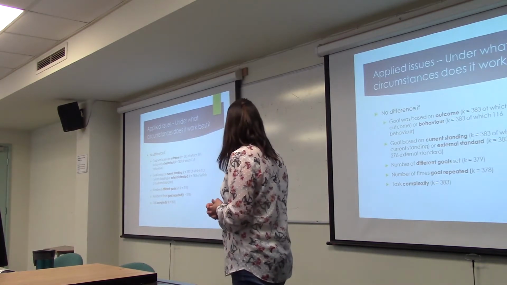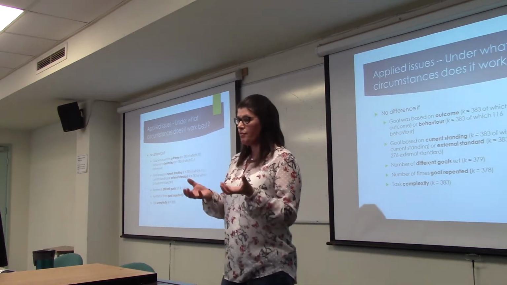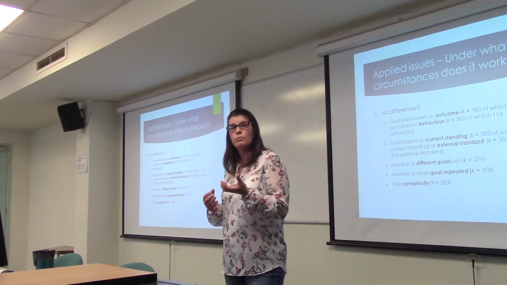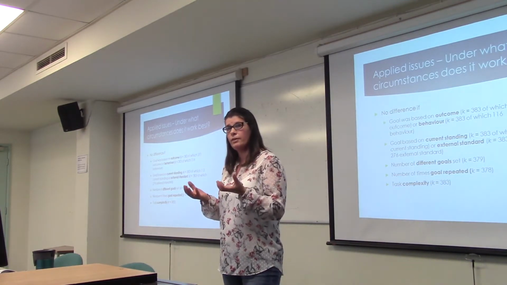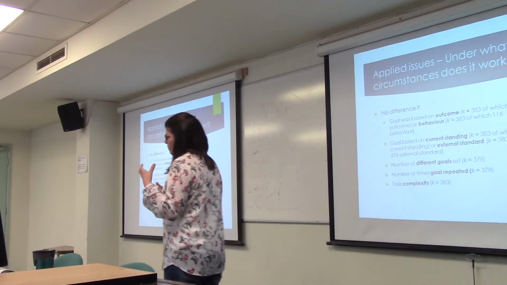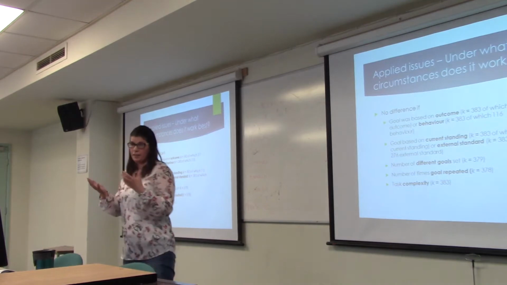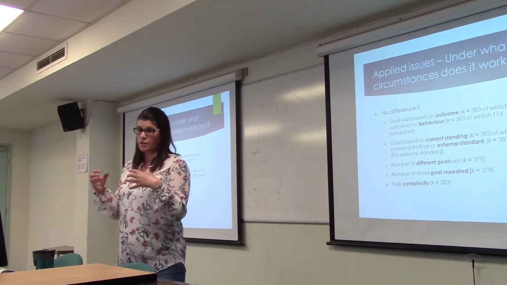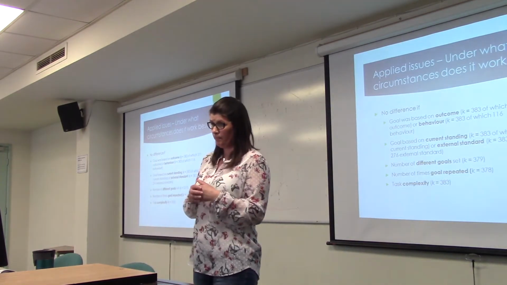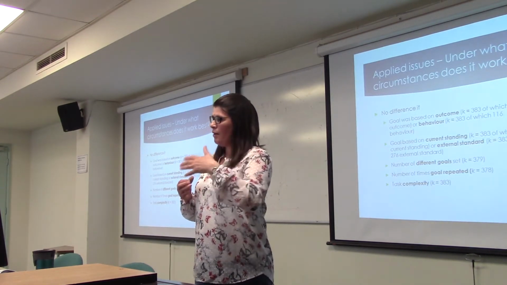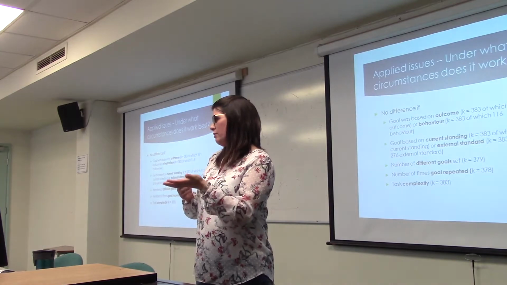We also found there was no difference if the goal was based on an outcome or if it was based on a behaviour. So we've got this distinction in the behaviour change technique taxonomy, but we didn't find any difference in that. The effect sizes were about the same. And we looked at how the goal was related to your current standing.